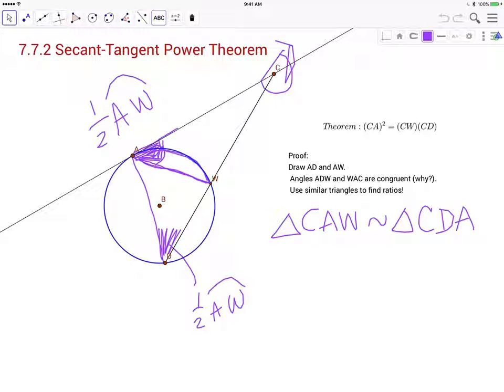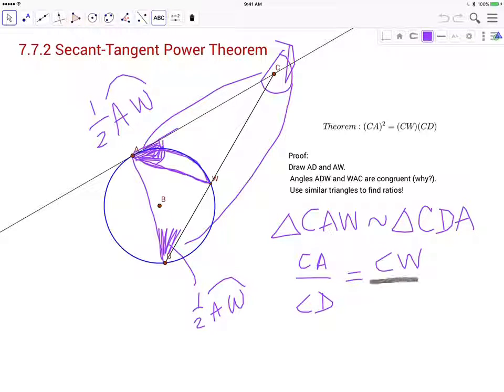And so therefore CA relates to, if we think about the big triangle, CA relates to this side, CD, the same way that, now I've got to be careful, in the smaller one, what are we going to have? CW relates to CA.